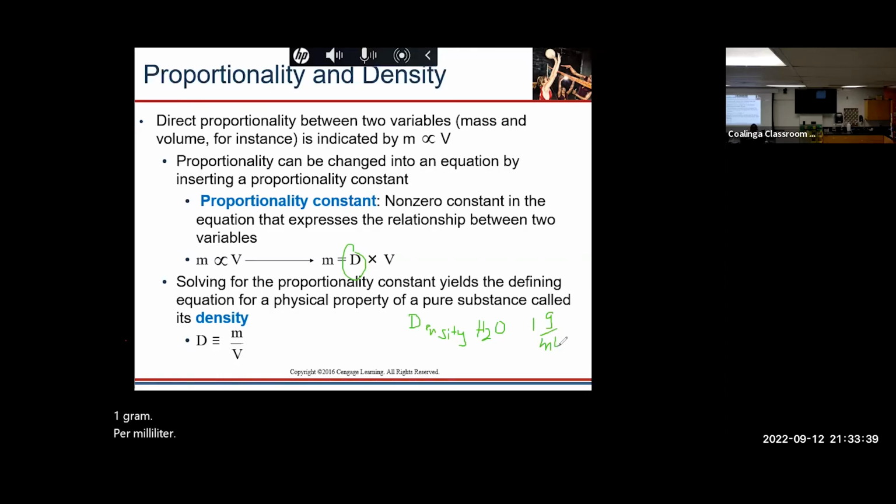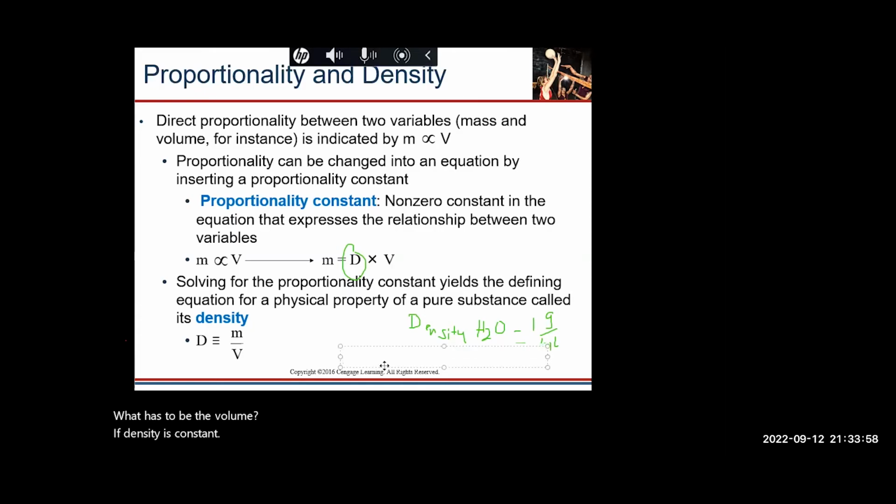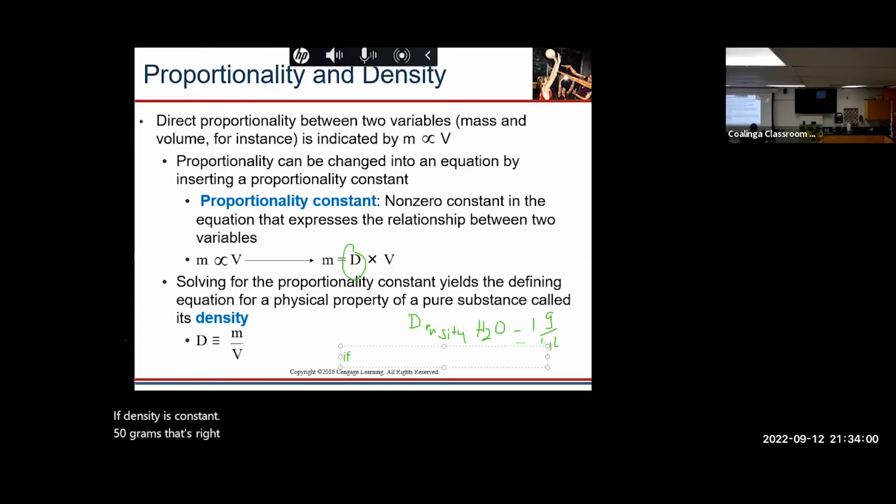If the density of water is 1 gram per milliliter and I have 50 grams, what has to be the volume if density is constant? 50 grams, that's right. So if we have 50 milliliters of water, then it's going to weigh 50 grams.